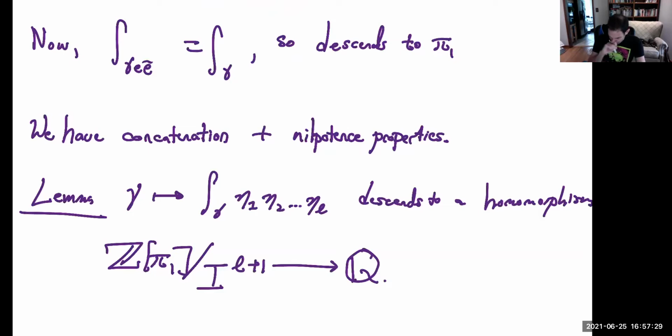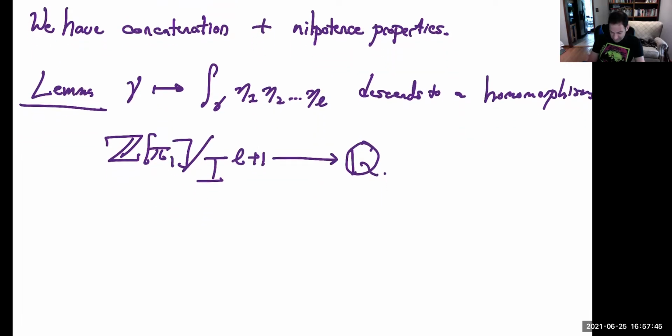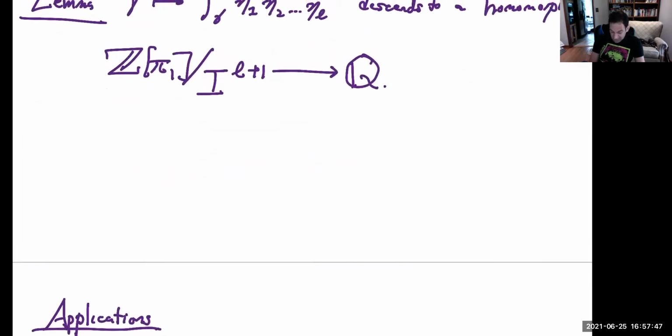And it's easy to verify that we've got the concatenation and the nilpotence property. And then just as before, an iterated integral of length L descends as a functional on the truncated group ring of the fundamental group. And here I'm using integer coefficients, and there's a reason that'll become important later. All right.